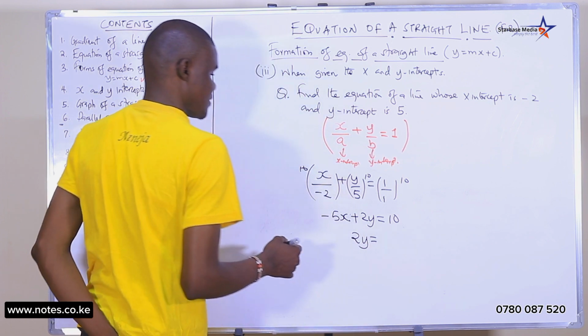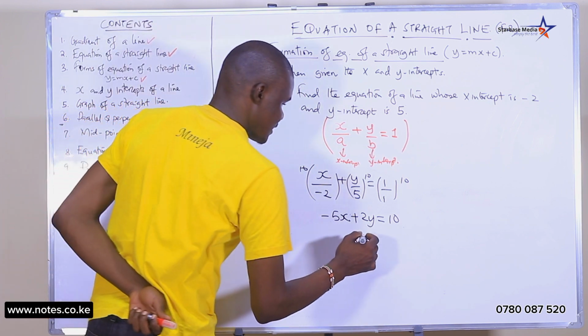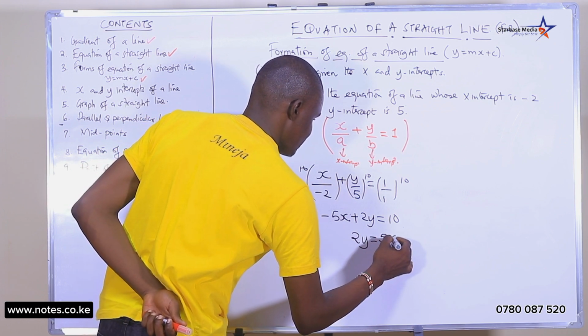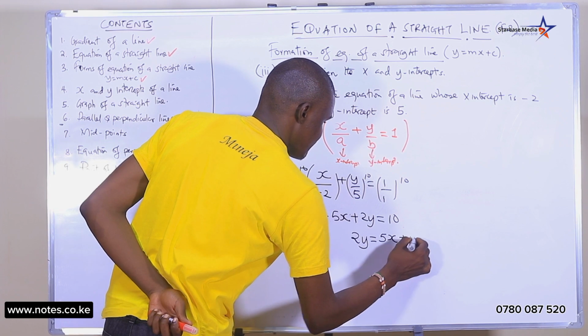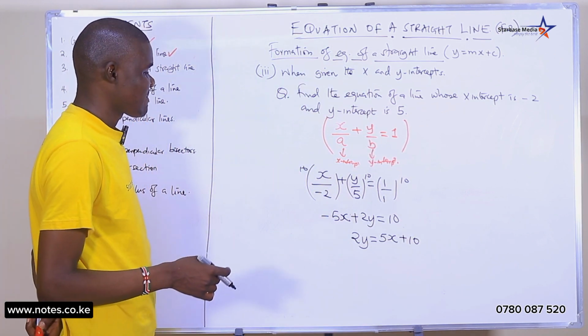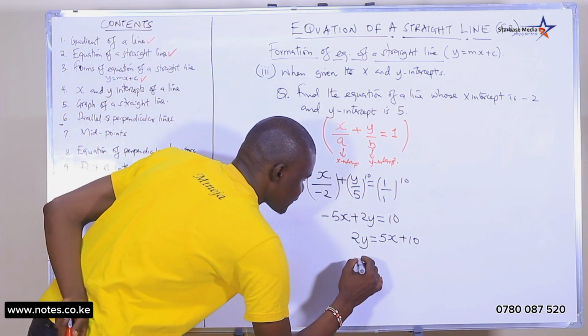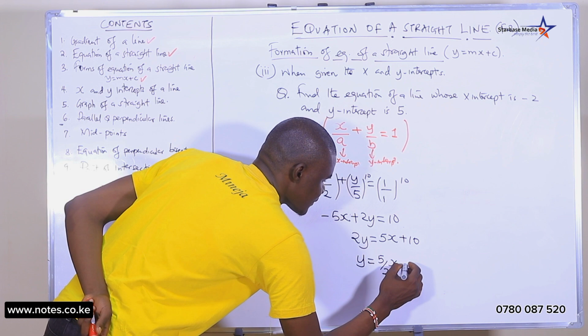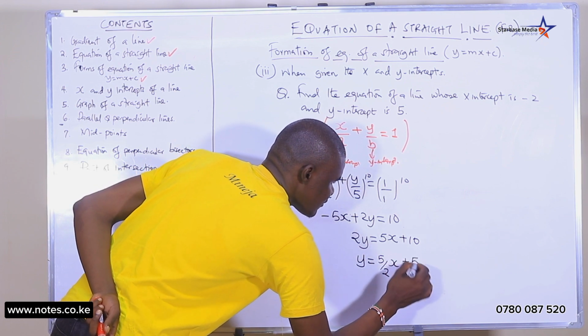So that becomes 2y is equals to 5x plus 10. Then you simplify. y will now be 5 over 2 x plus 5.